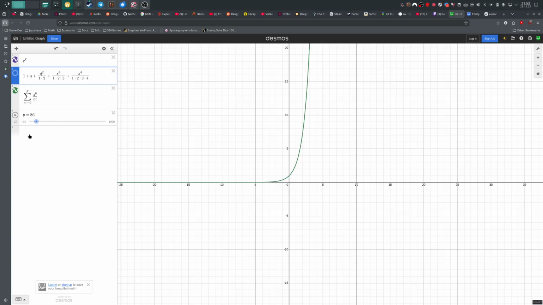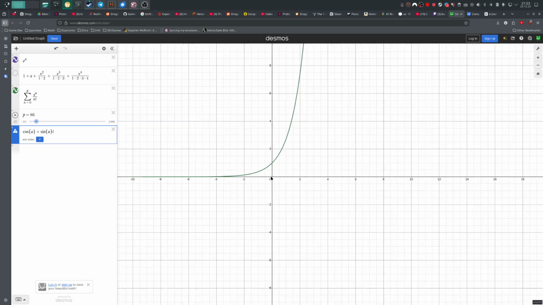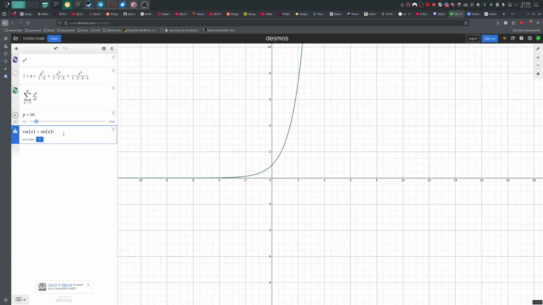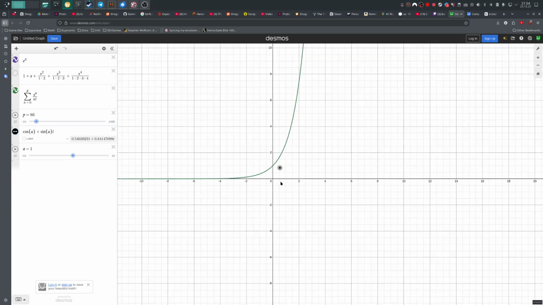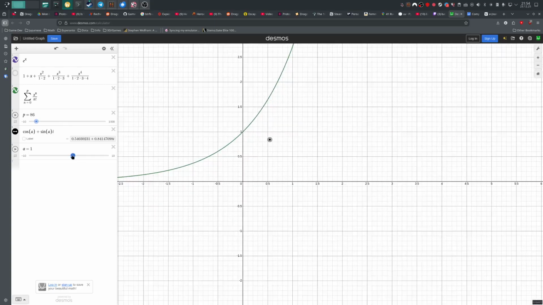Let's put back cosine of a plus sine of a i, and let's zoom back and put a slider here. Right, let's zoom even more. You see this thing that goes around the circle.